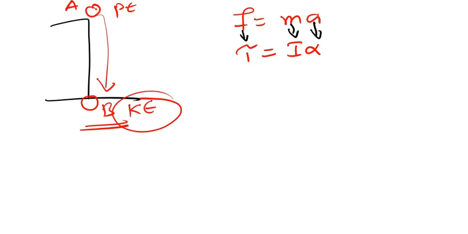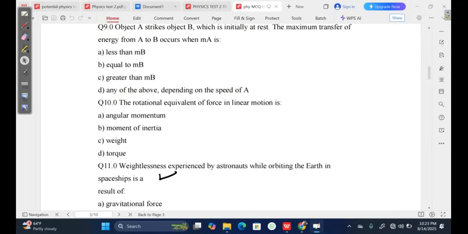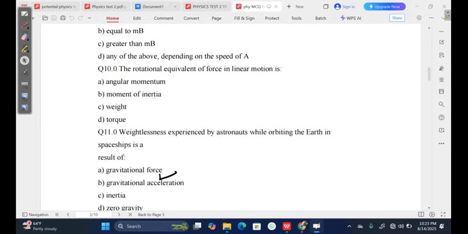So the correct answer that we're supposed to have, if I go back, so I hope you guys know these simple principles which we are talking about here, because they're actually very important, especially these formulas for torque. Yeah, they are very, very important. So if we go back, that becomes our answer. So the answer is torque.